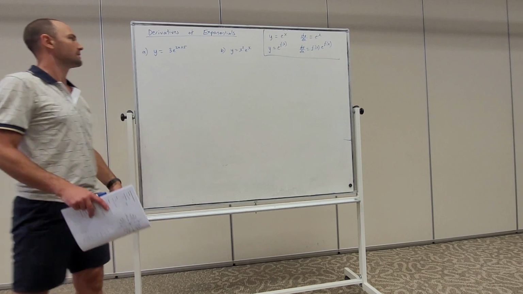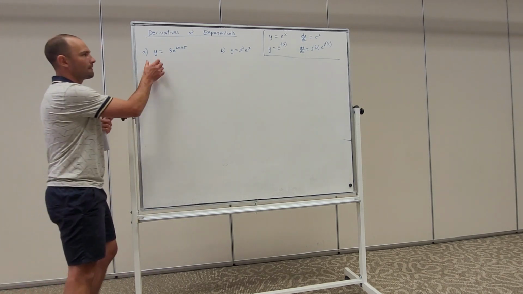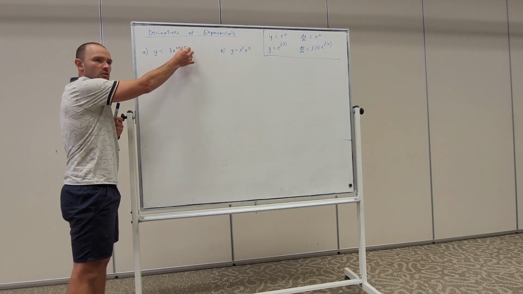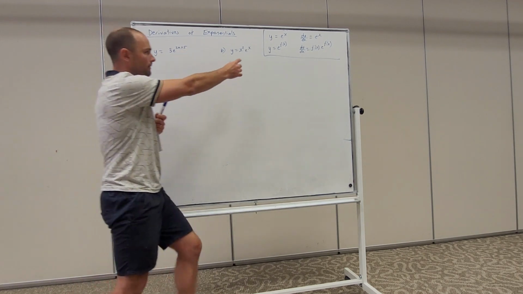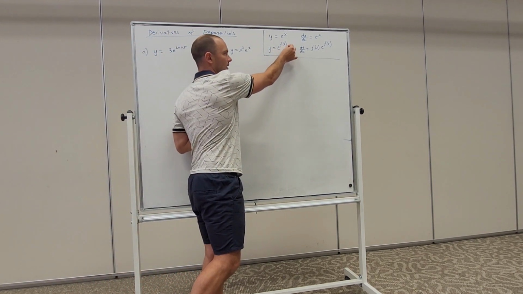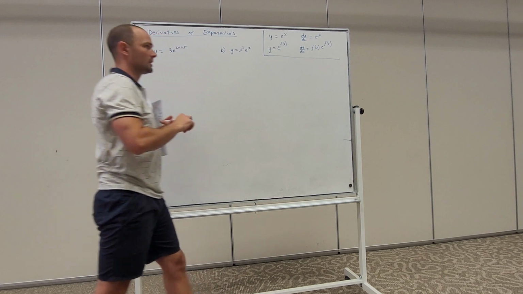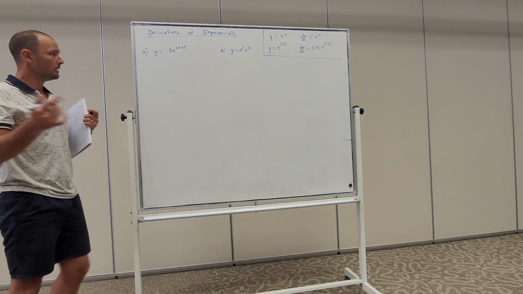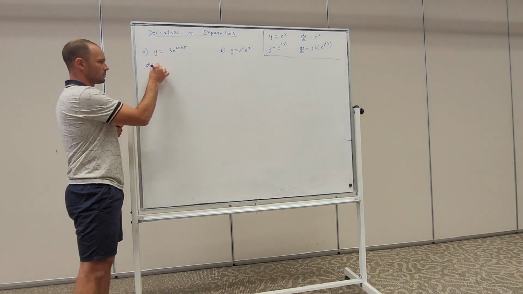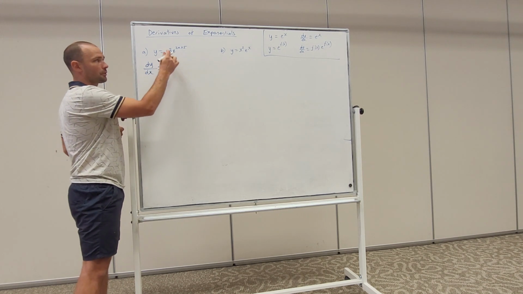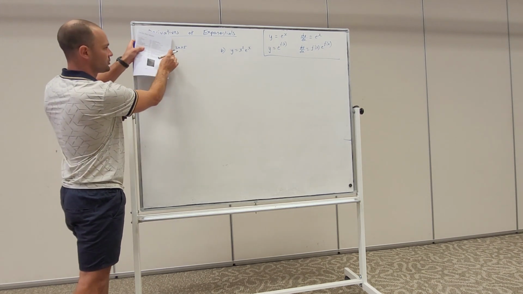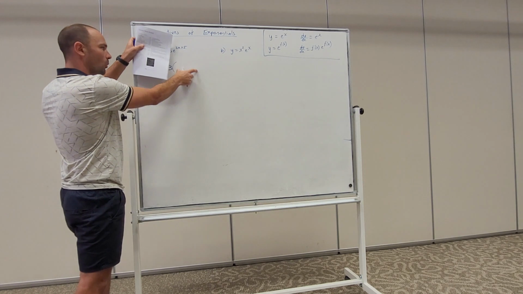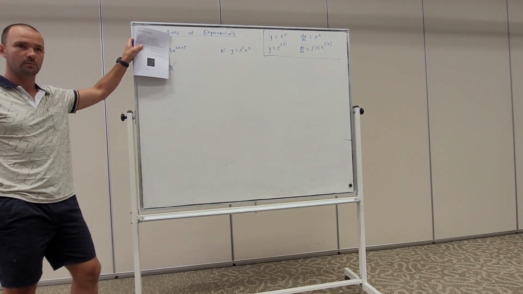So let's get straight into the examples then. Here I have 3e to the power of 2x plus 5. So it's of this form, e to the power of some function, where the function is 2x plus 5. We're going to do this one in one step. The 3 just hangs out. It's multiplying whatever the derivative is, just like with simple differentiation.